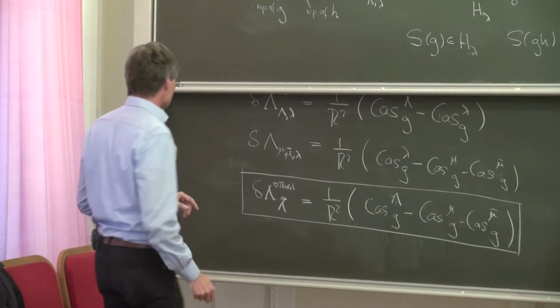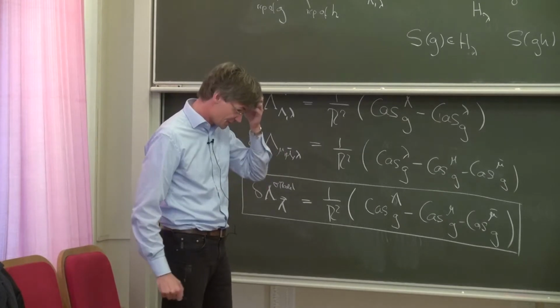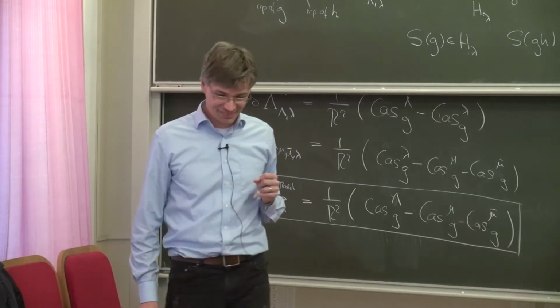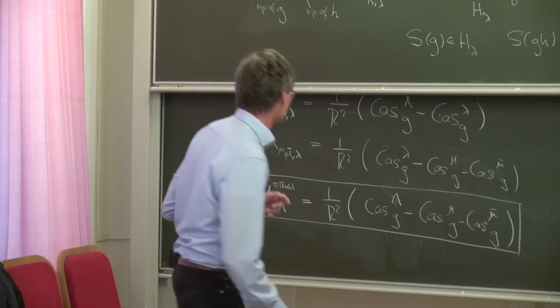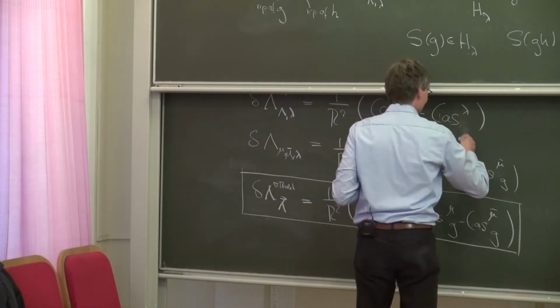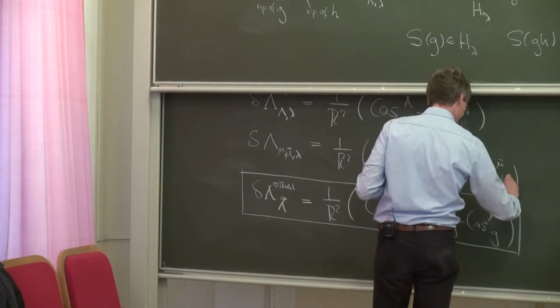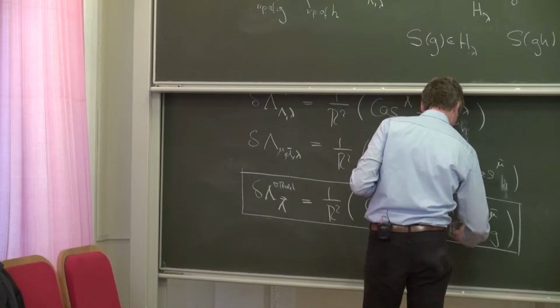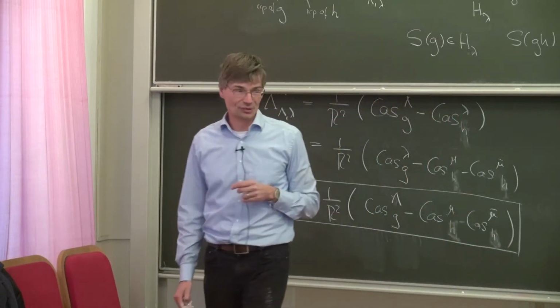Okay, so this is the answer. Maybe, do I have time for a detour or not? Not really. Mu and mu bar representations of H. Yes, oh sorry, thank you. So that's the correct formula.